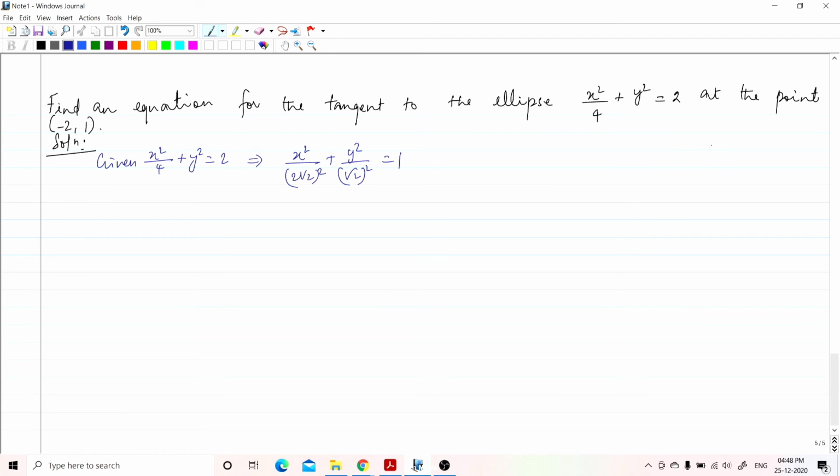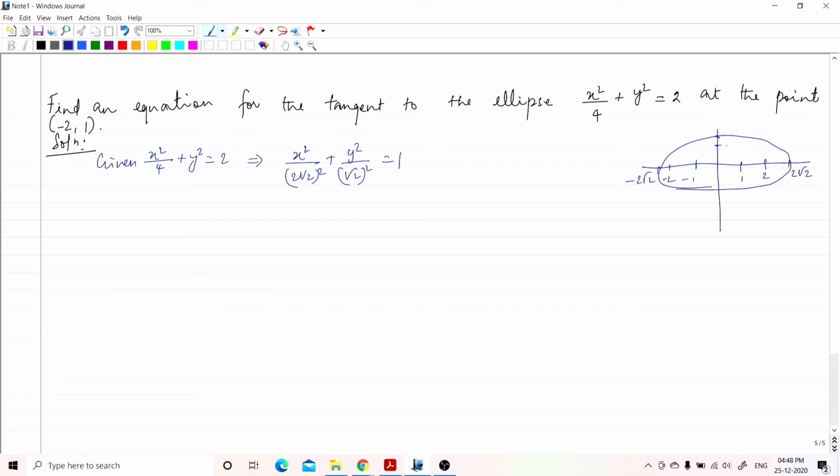So from which if I try to draw the ellipse, I would have something like this. Let this point be 1, this is 2, and of course this is 2 root 2, and this would be minus 2 root 2, minus 2, minus 1.